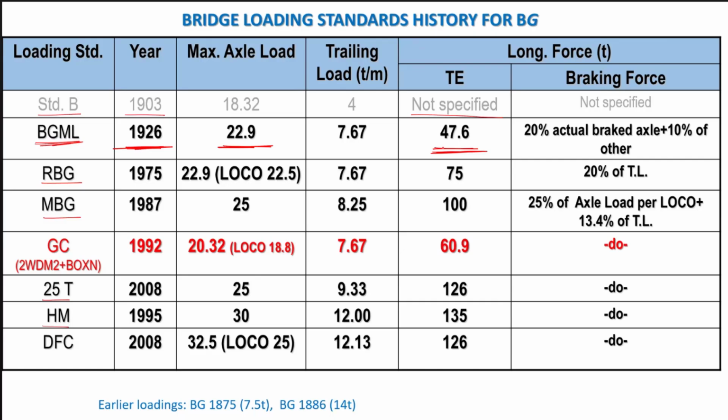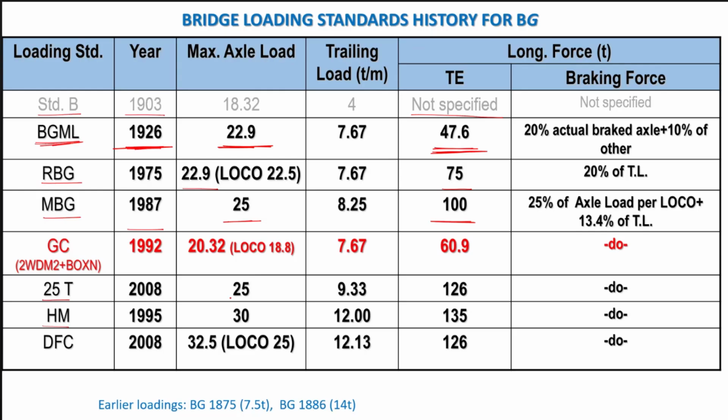After that you can see RBG came in 1975. The axle load was kept the same, but the tractive effort was increased by 25%, becoming 75 ton. Again in 1987, you can see the axle load was increased to 25 ton and the tractive effort increased to 100, just double that of BGML.